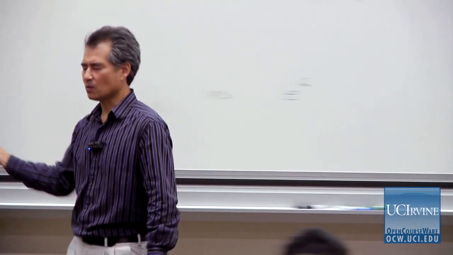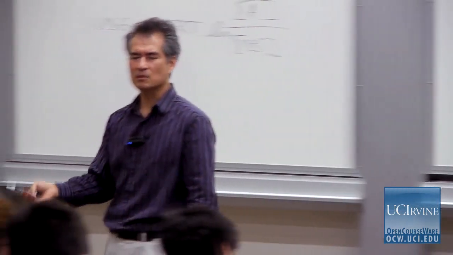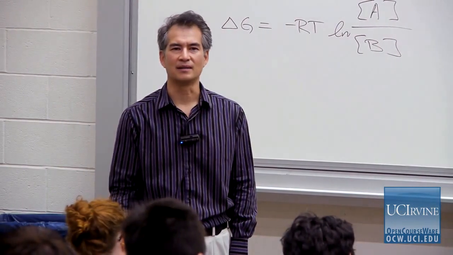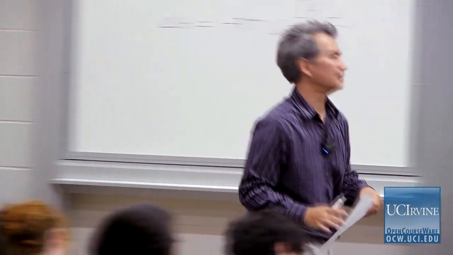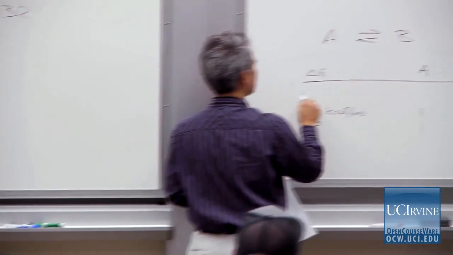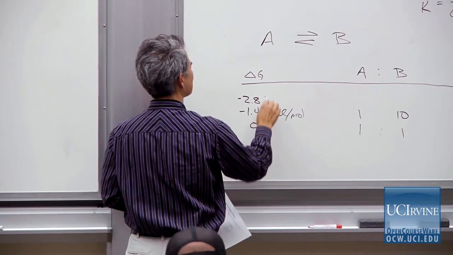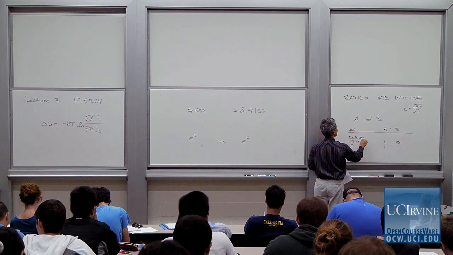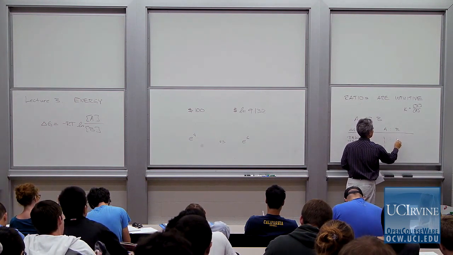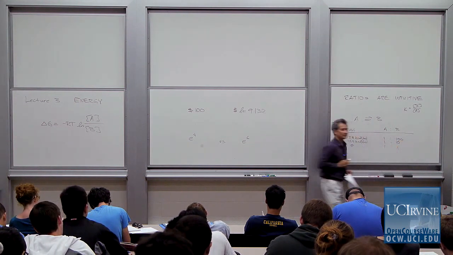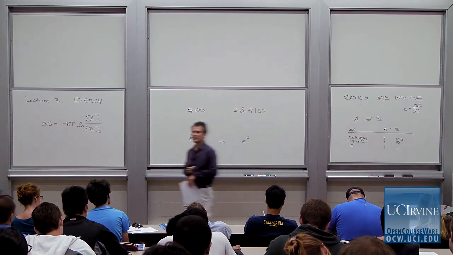I have no idea how to think about 1.4 kcals per mole, but I know how to think about 10 to 1. I know 10 is bigger than 1, and I know 10 is a lot bigger than 1. What's powerful here is that if the free energy difference is minus 2.8 kcals per mole, the ratio is now 1 to 100. And you get the trend here.